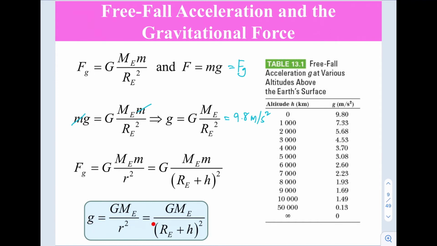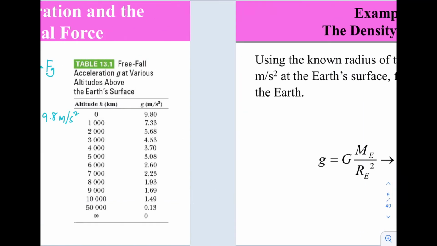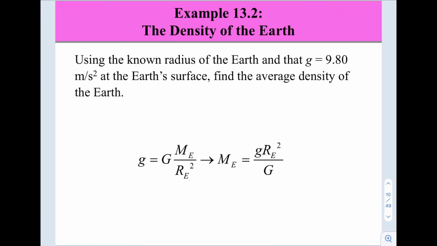So now we can have a general equation for g: the gravitational acceleration or free fall acceleration is equivalent to capital G, mass of the earth, over the radius of the earth plus altitude or height from the earth's surface, from sea level, squared.